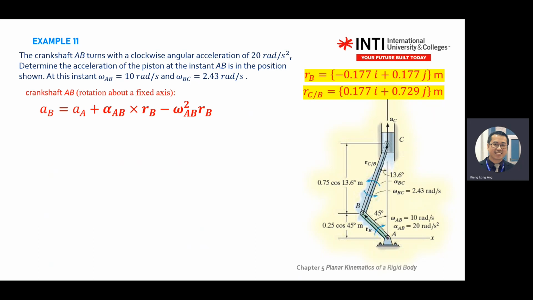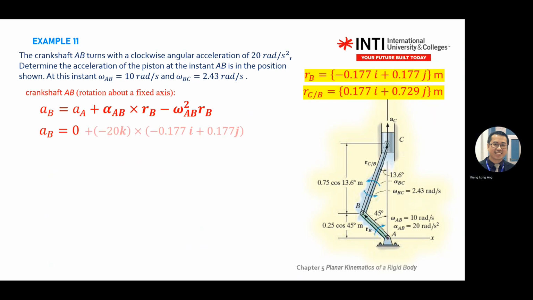Again, I wrote the wrong equation on the whiteboard, I switched. Then acceleration at A cannot move, so it is 0. If you have a pin, straight away 0.